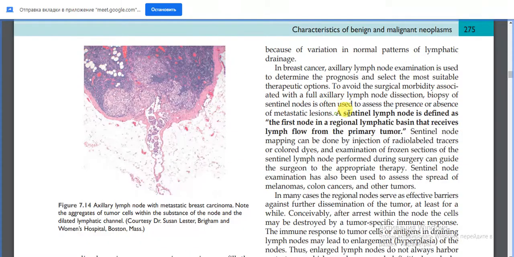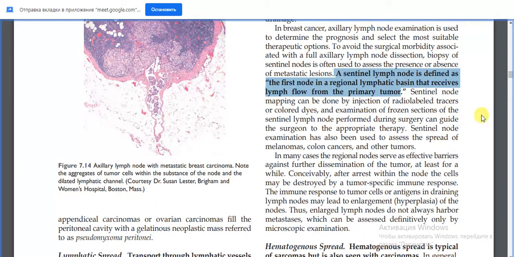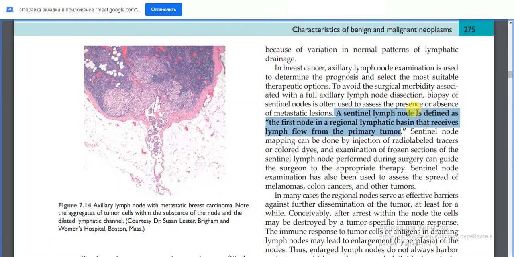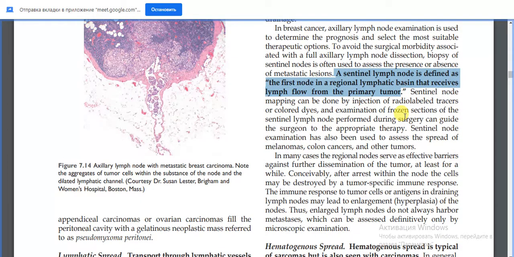Okay, sentinel lymph node is defined as the first node in the regional lymphatic basin that receives lymph flow from the primary tumor. That's a sentinel lymph node. It will be discussed with you in pathology and oncology. So for every location we have some sentinel lymph nodes.